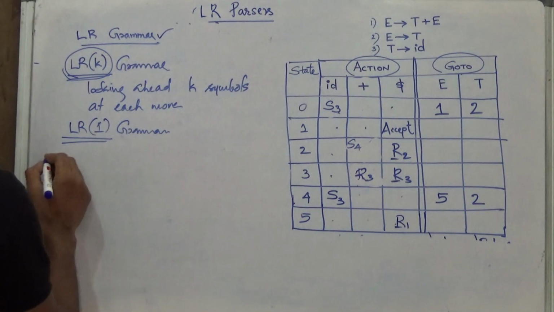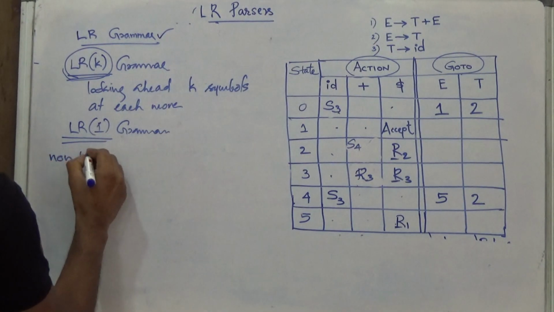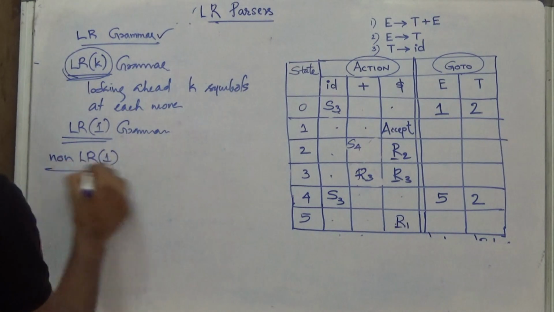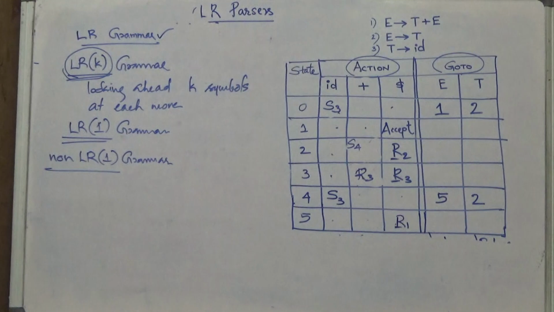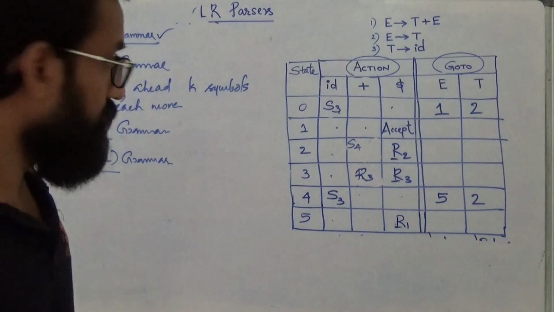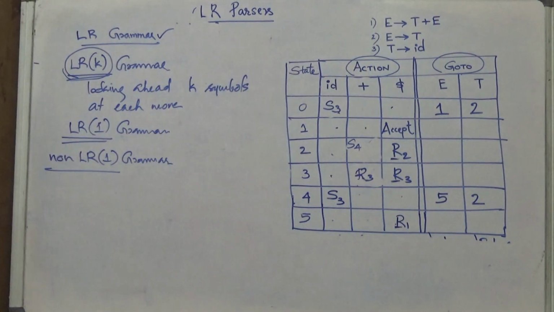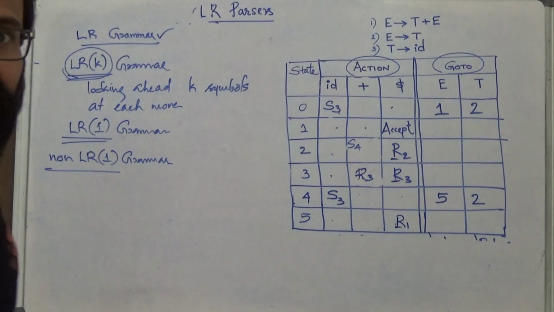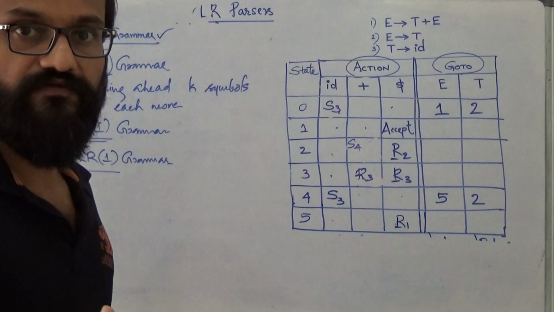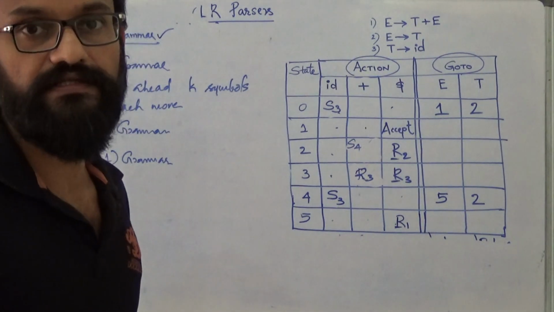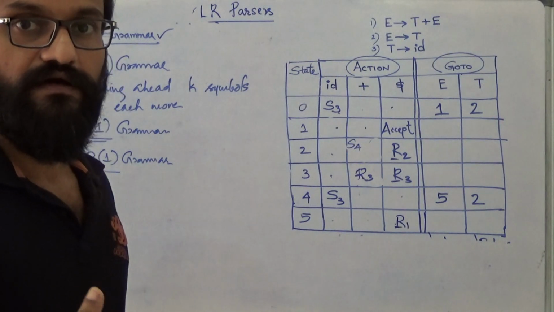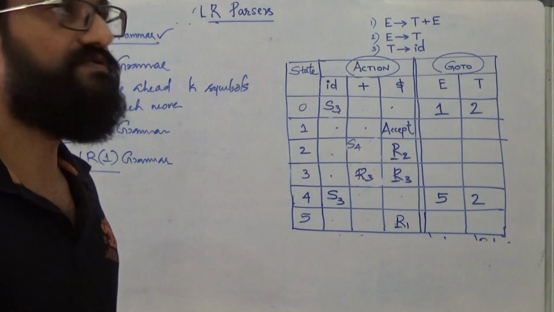Now, how will you define a non-LR1 grammar? A grammar is said to be non-LR1 grammar if every shift reduce parser constructed for that grammar will reach some configuration that either leads to a shift reduce conflict or a reduce conflict.